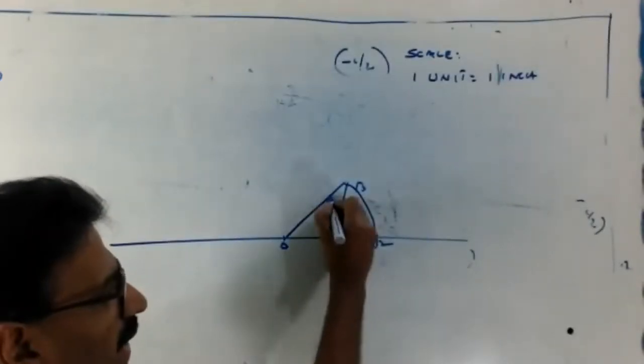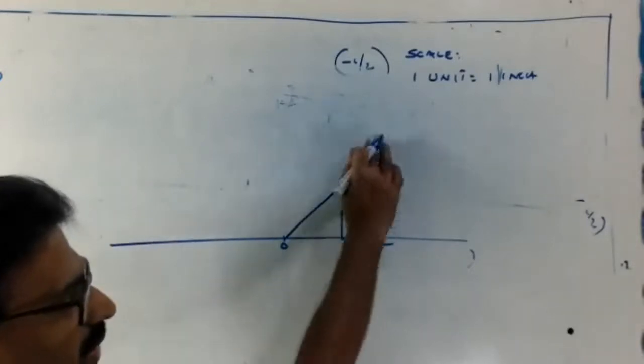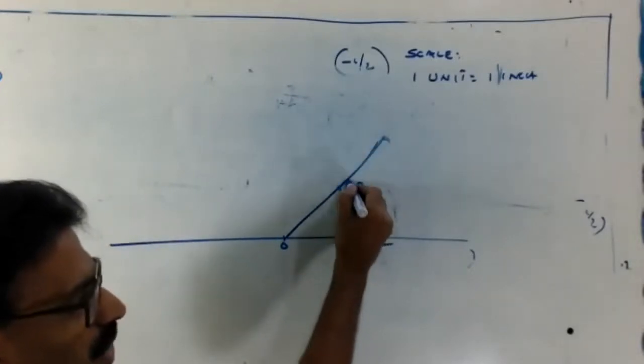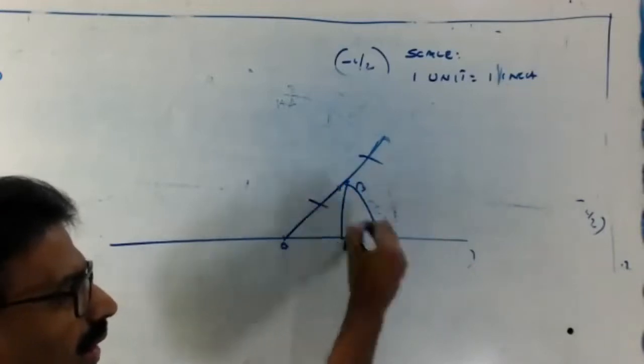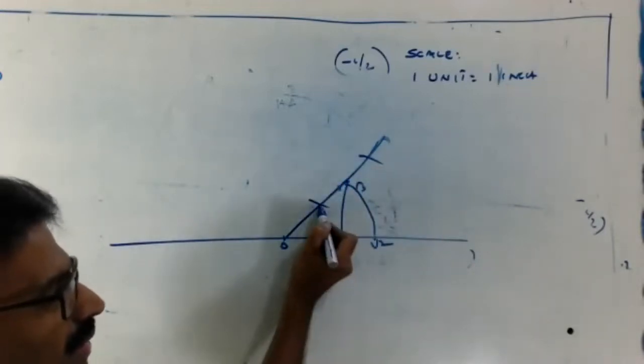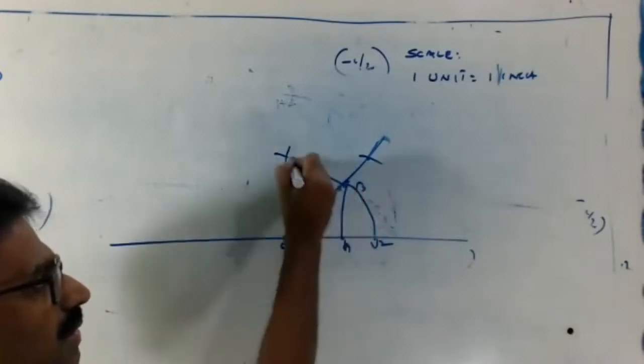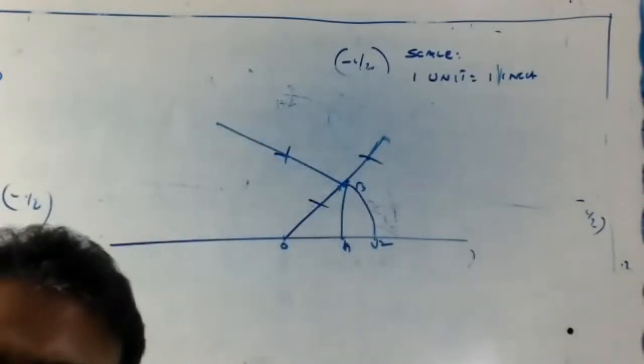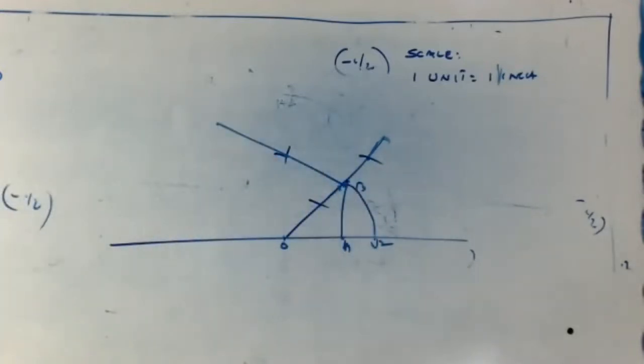Then you make a little extended straight line here. Keep the compass here, make an arc here, arc here. Then from here, arc here, arc here. It will go straight. First you draw root 2. Root 2 is in front of you.